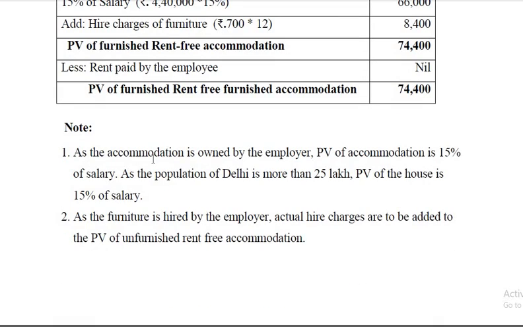So let's see the note. As the accommodation is owned by the employer, perquisite value of accommodation is 15% of salary. Why 15%? Because population of Delhi is more than 25 lakh. Next, furniture is hired. Therefore, actual hire charges are added to the perquisite value of rent-free accommodation. Thank you.